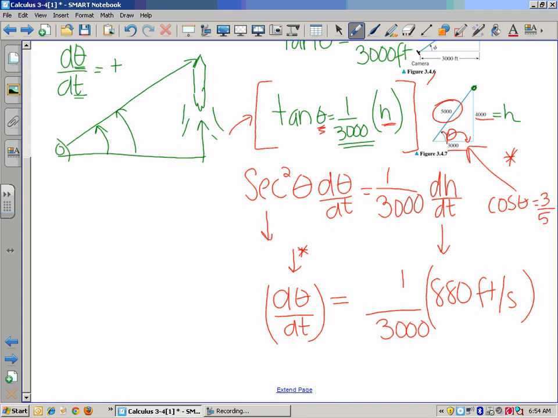And I'm cheating a little bit because the 3 zeros are going to cancel away, right? So it's really just the adjacent over the hypotenuse, so 3/5. But secant is going to be 5/3. So I'm going to come over here, and I'm going to say 5/3, and I'm going to square it, because I have secant squared theta.